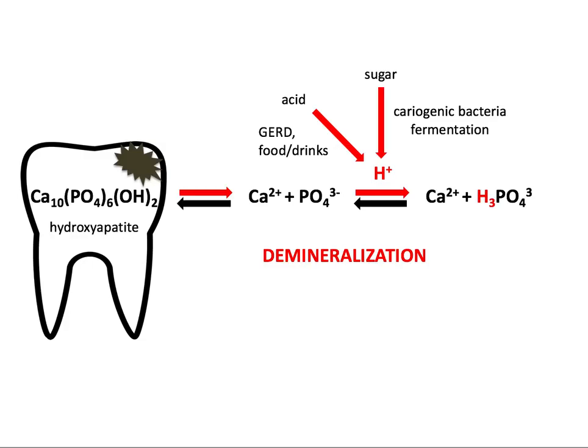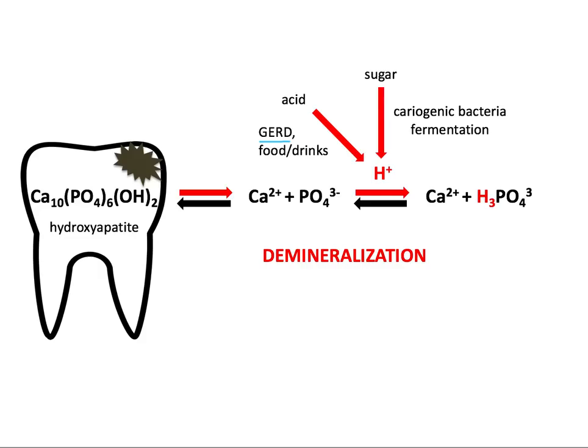Now, there are also other more direct sources of acid. GERD, or acid reflux, or frequent vomiting from bulimia can cause gastric acids to come in contact with teeth, which, if chronic, can cause acid erosion.